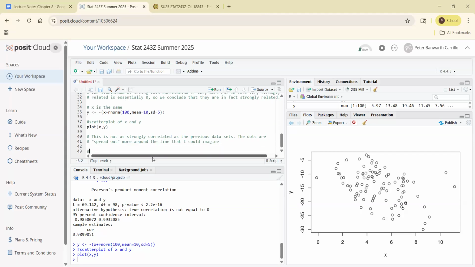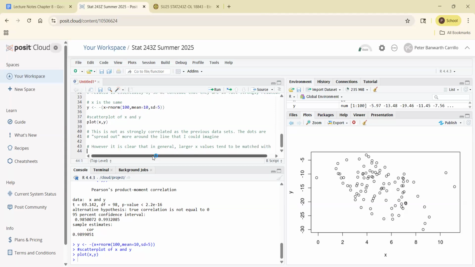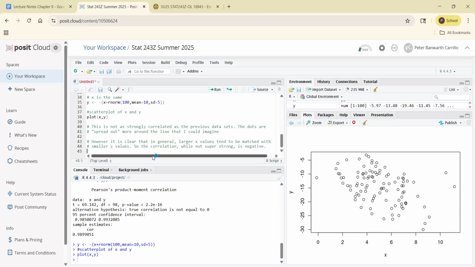However, it is clear that in general, larger X values tend to be matched with smaller Y values. So the correlation, while not super strong, is negative.